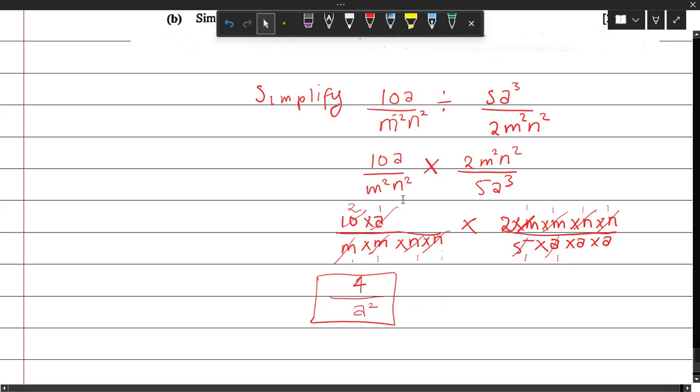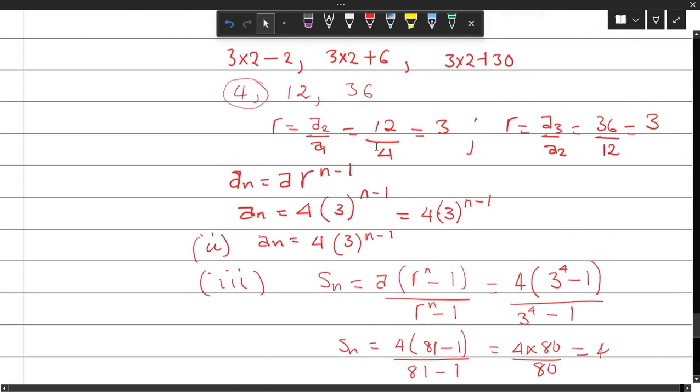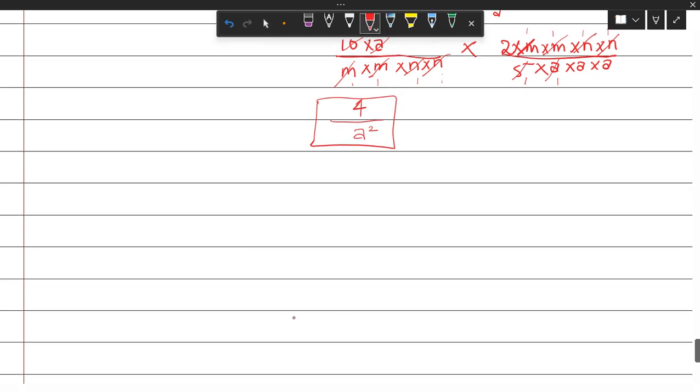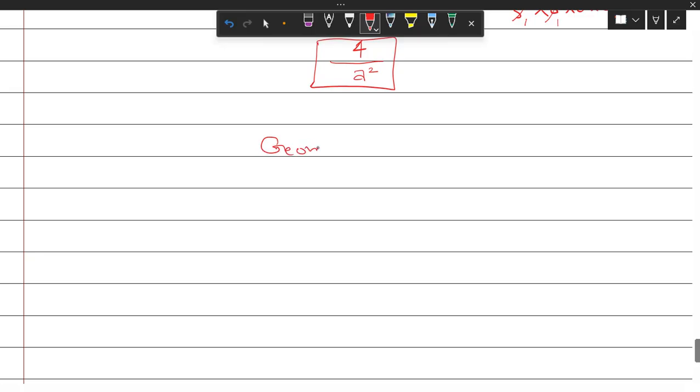Okay, so this was a bonus question. Make sure you revise this question. So just to wrap it up, we have revised geometric series.